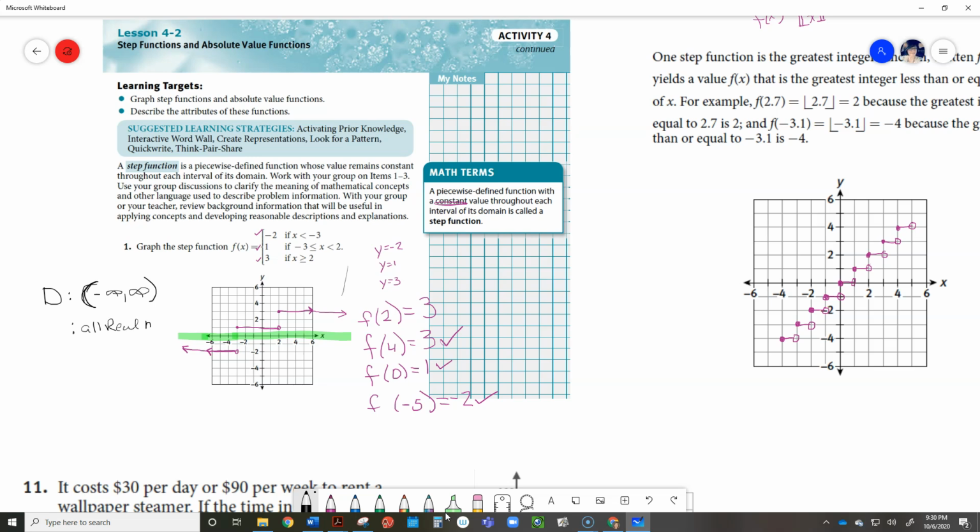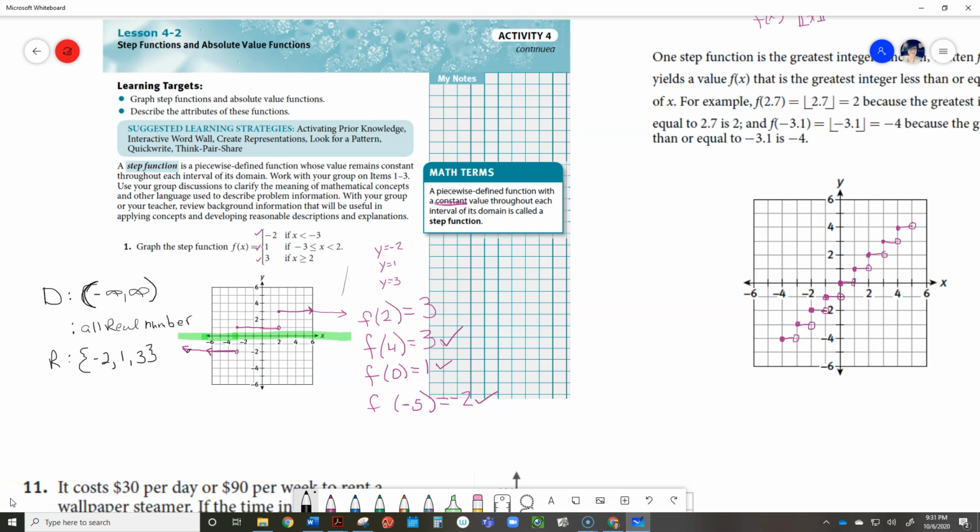For the range, however, for these step functions, there are gaps in the range. There's only three values in the range. So for this one, the range is going to be what we call roster notation. It's just going to be a list of numbers. The numbers in my range are -2, 1, 3. Those are the only numbers that are in my range.